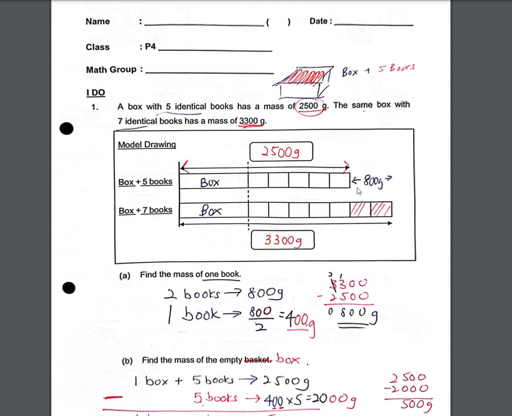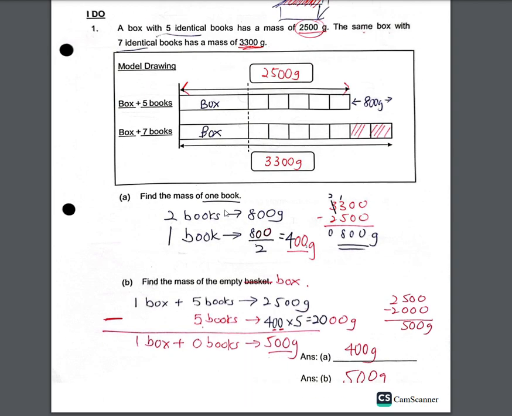We subtract them to find out the mass of this number of books. Divide by the number of books to get the mass of one book. Substitute this number into one of these equations. I usually choose the smaller one, less work for me. I subtract away the mass of the number of books, and I get the mass of the box.